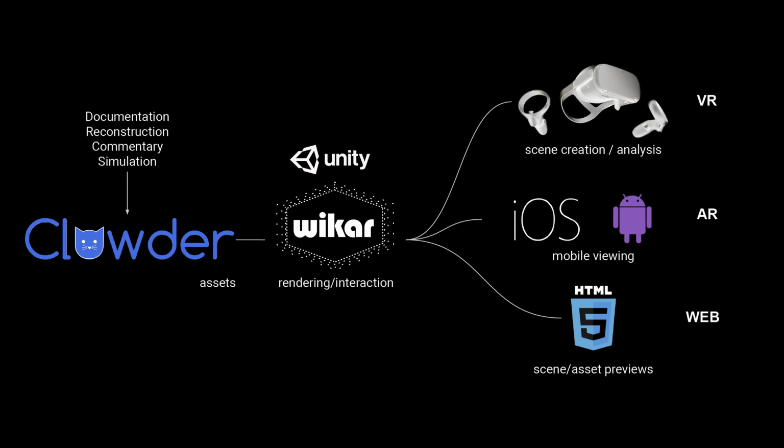We're building our app in Unity, which can easily extend and incorporate different plugins or interface options when it comes to VR and AR. And what we've built is a way to just load assets from Clowder into the Unity environment over the web.